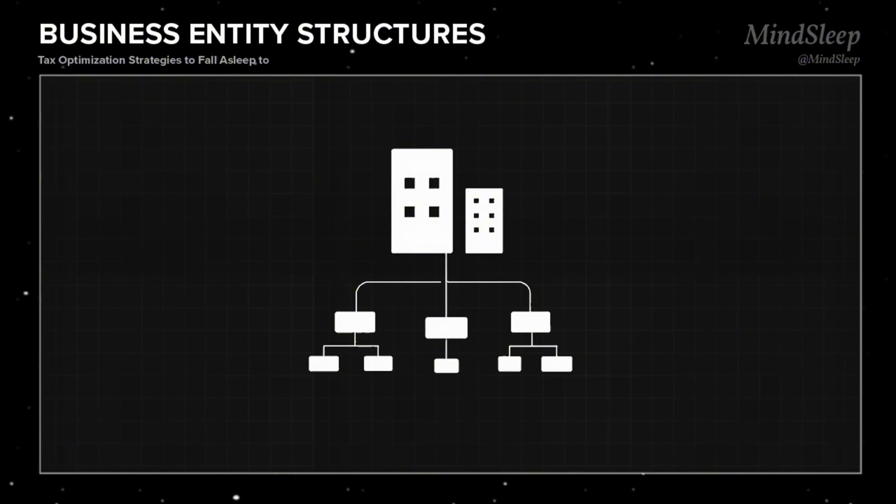However, critics argue that complex corporate structures can also facilitate tax avoidance and erode the tax base, potentially shifting the tax burden to individual taxpayers. Looking to the future, we can expect continued evolution in this space.